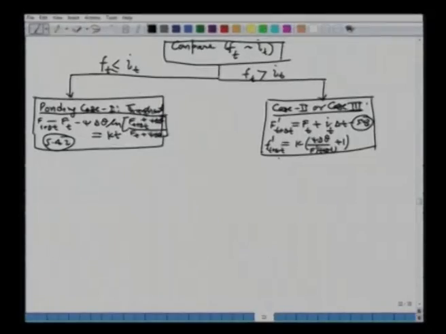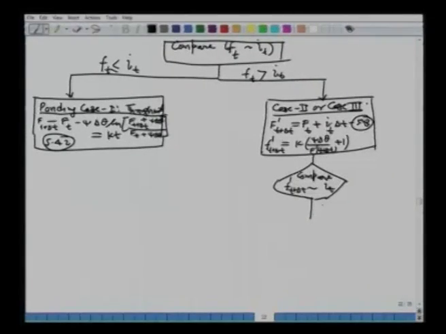So, the next step then is we compare f prime t plus delta t with I t. I am writing I t, but you understand that I t and I t plus delta t are the same.